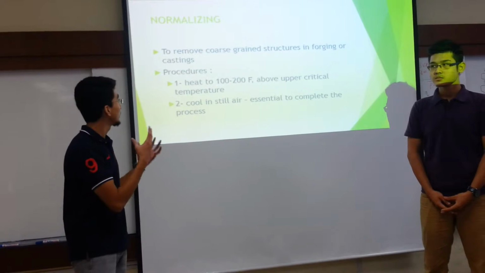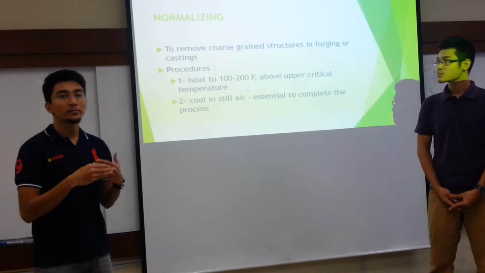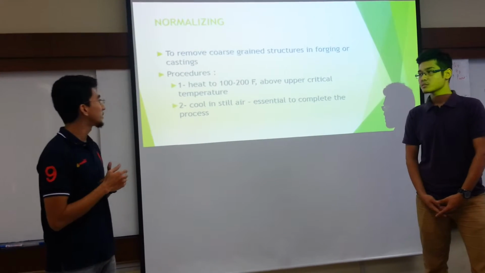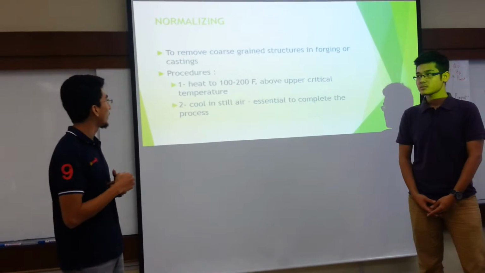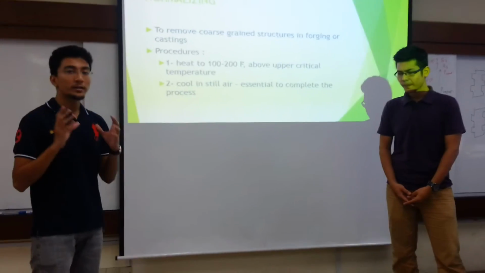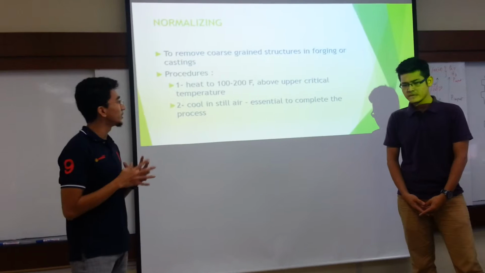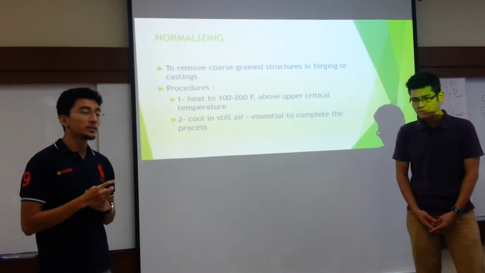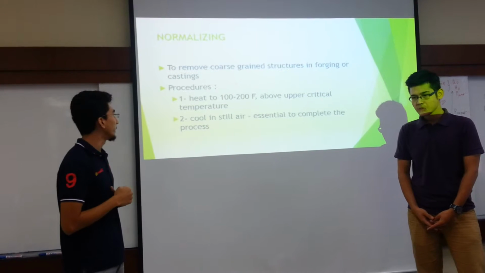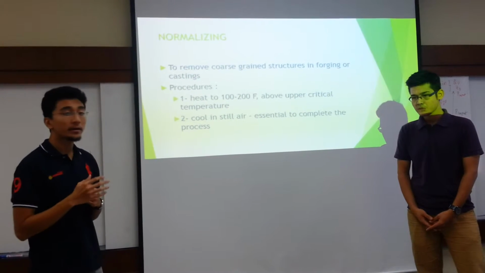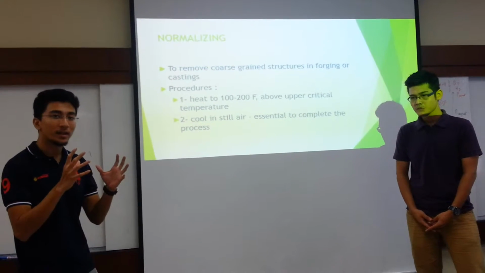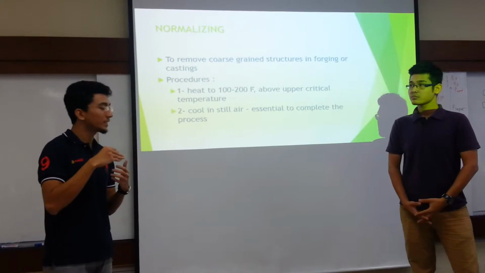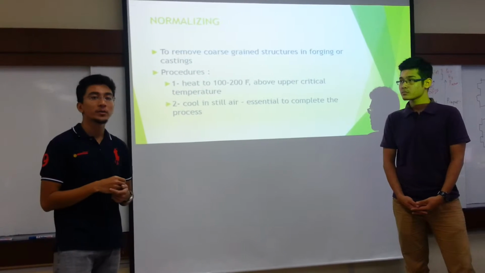So I will explain how it is done. The first step is we need to heat up at the range from 100 until 200 Fahrenheit above the upper critical temperature. And the second step is we need to cool in still air. Cooling in still air is essential to complete the process.